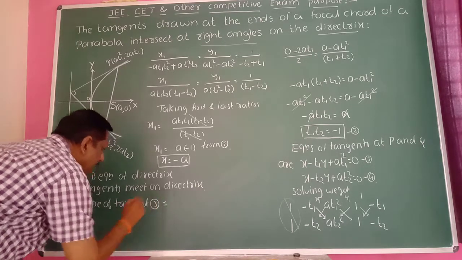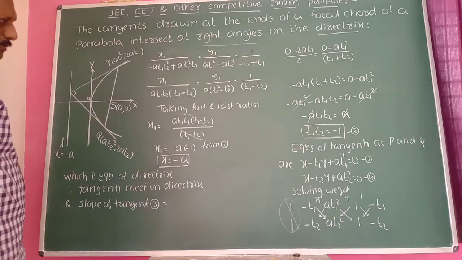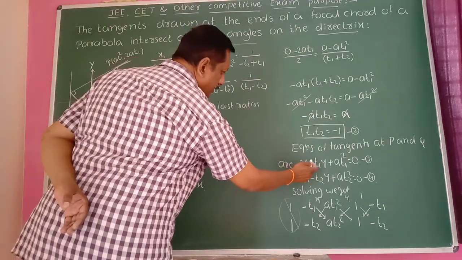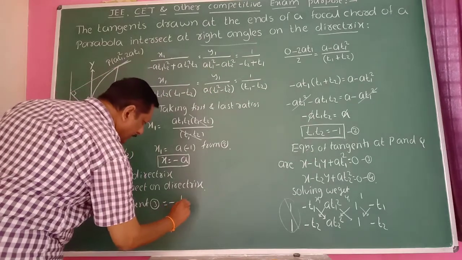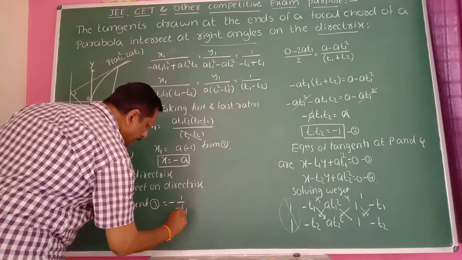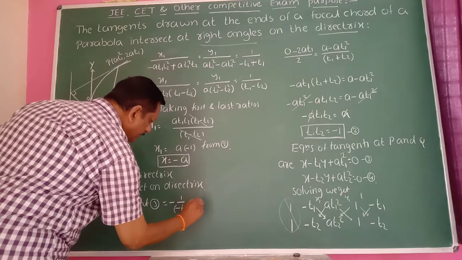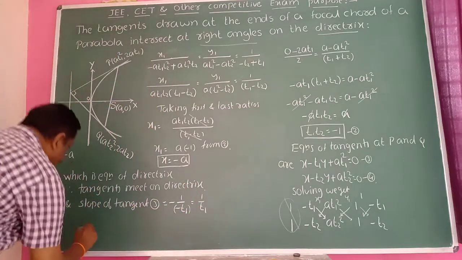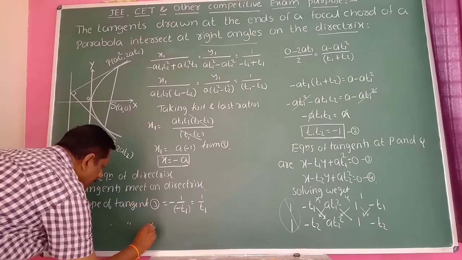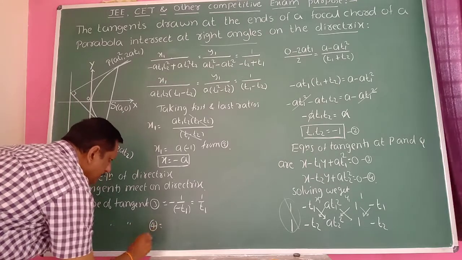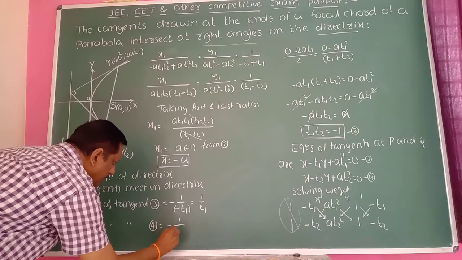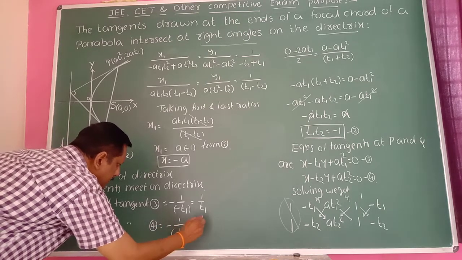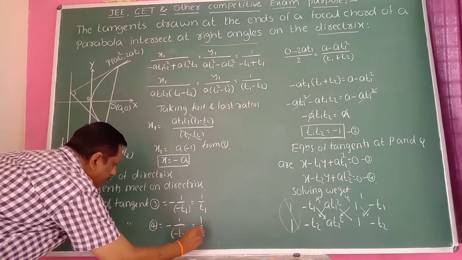Equation number 3: minus of 1 upon minus t1 is 1 divided by minus of t1, that is 1 divided by t1 here. And slope of tangent, equation number 4, same here, minus of 1 upon minus t2. Minus this minus become plus 1 divided by t2.